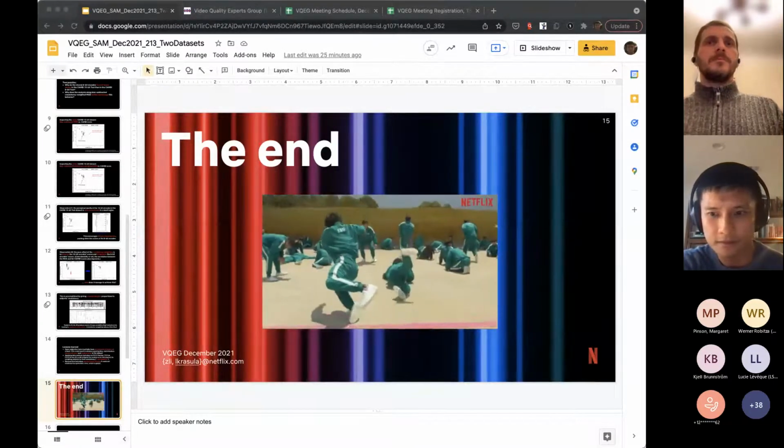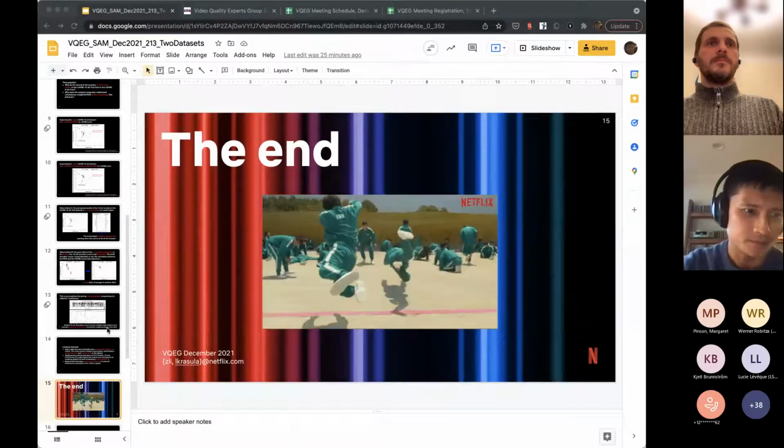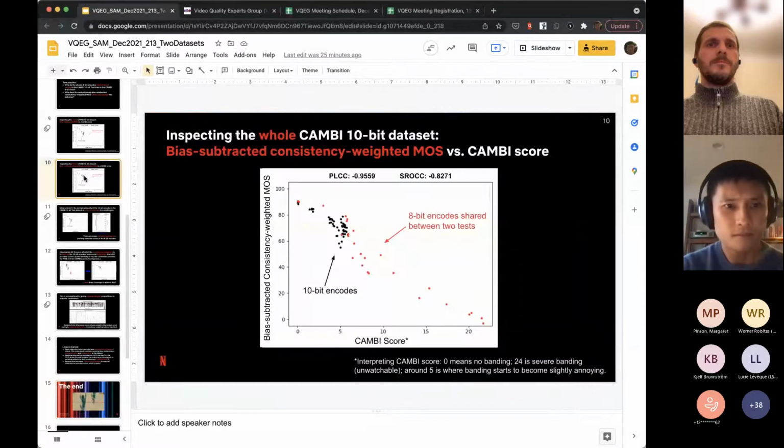Yeah. So could you go back to any of the distribution of the data? Because I'm trying to get a bit more understanding of the problem. So you have two different tests. One just with the 8-bit sequences, these red ones and probably other ones, and the second one with those 10 and 8-bit sequences. Is this correct?